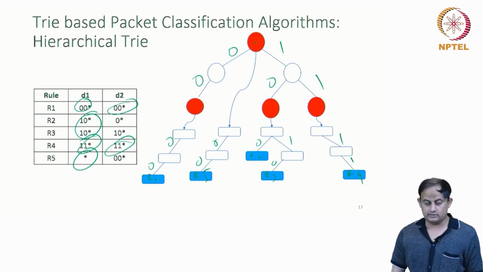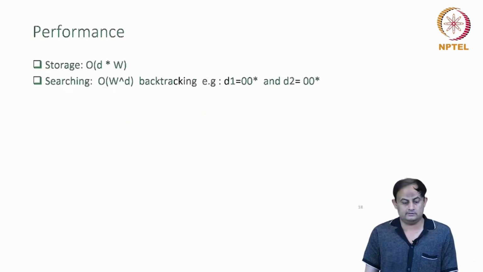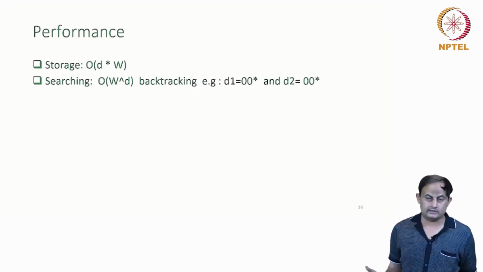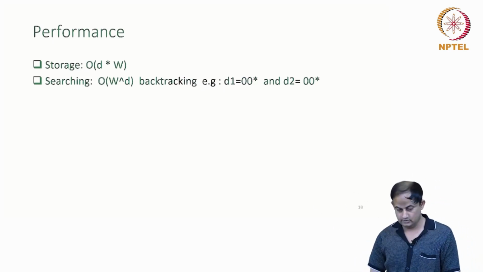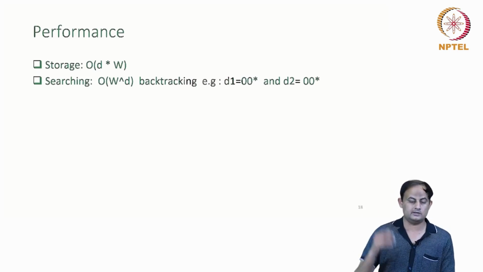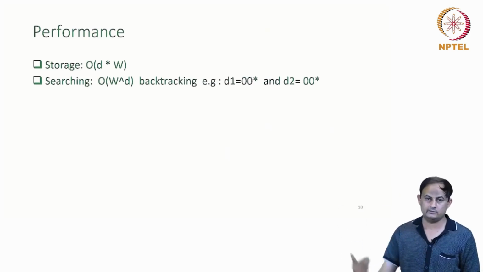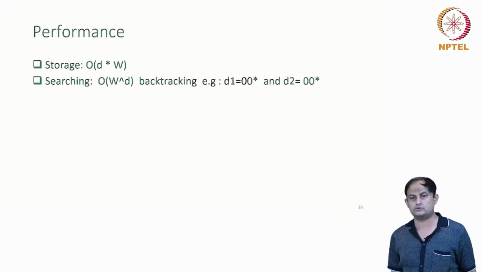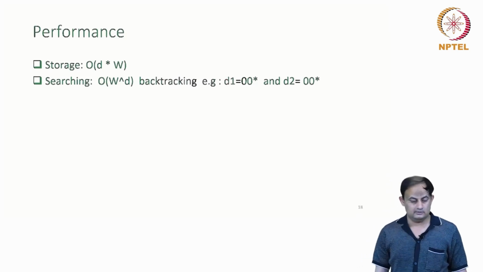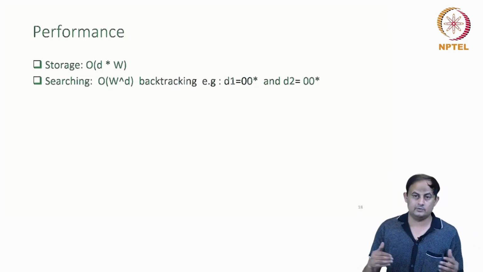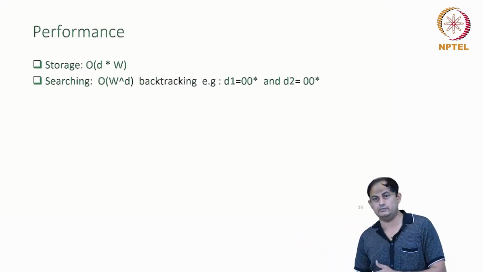So with that background, let's try to understand the performance of this hierarchical trie. In terms of storage, it requires D cross W, where W is the width and D is the dimension. In every dimension, W bits worth of nodes or combinations are created.